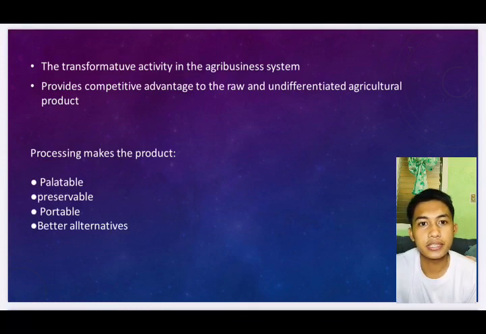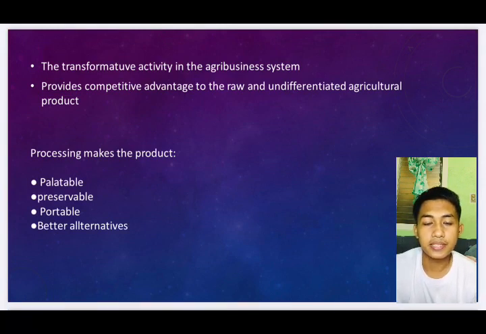Why? Because it accompanies branding, showing this product was manufactured by this company. For example, if your product goes into the operation of Del Monte, it now bears the brand of Del Monte, and that is already a premium in the market.